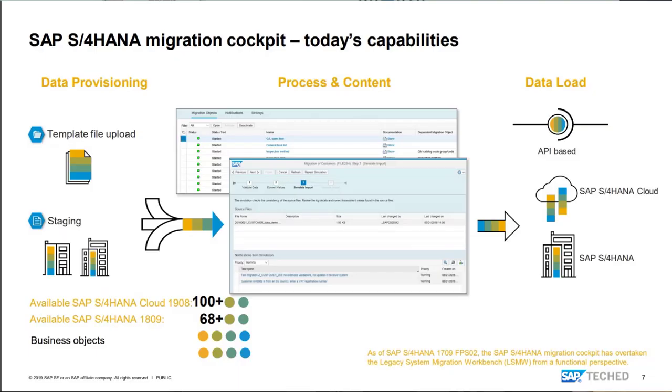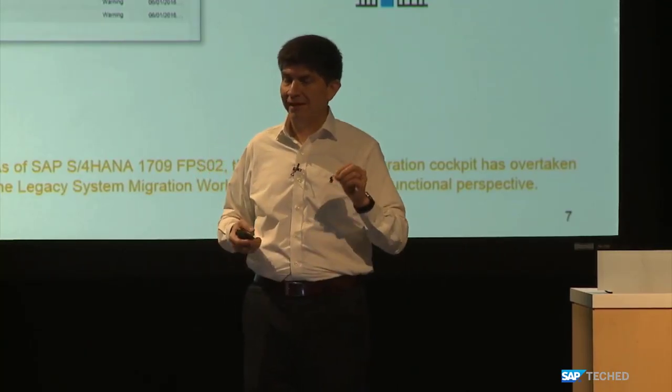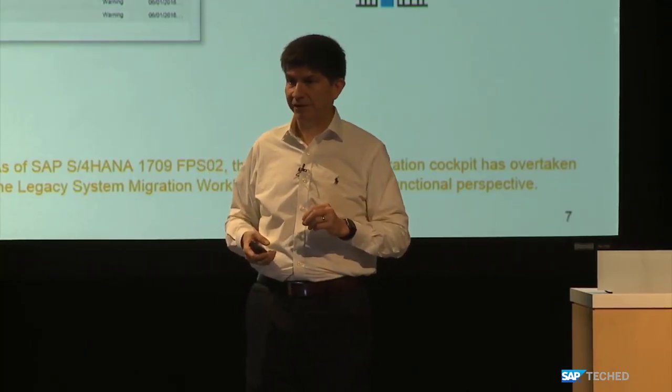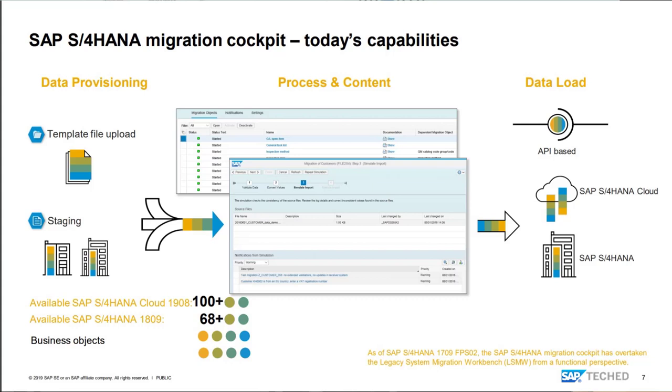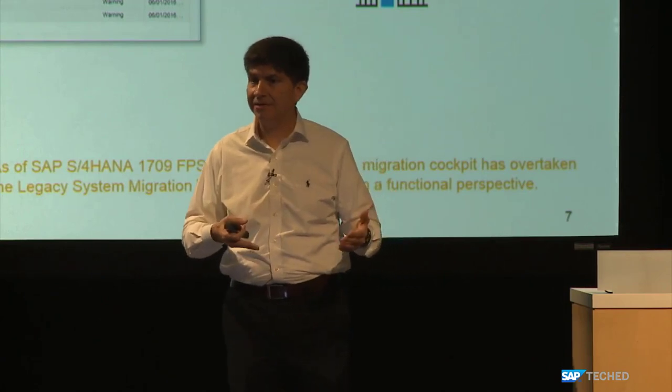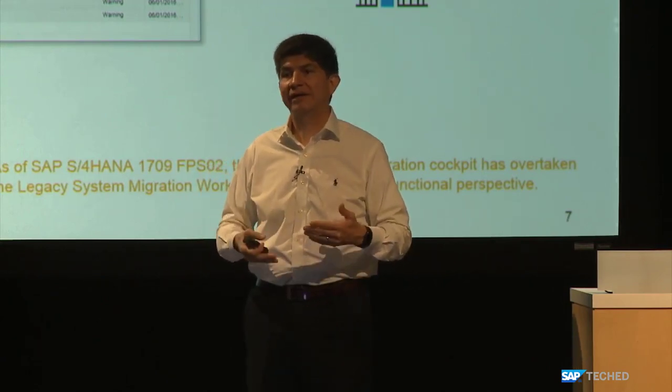With S4HANA, on-premise and cloud, SAP has created a tool that is called the SAP Migration Cockpit that allows you to do a templatized approach to the migration, which means no coding required. You will have an application where you can put your data on simple templates. These templates are XML templates that you can manage directly in Excel.